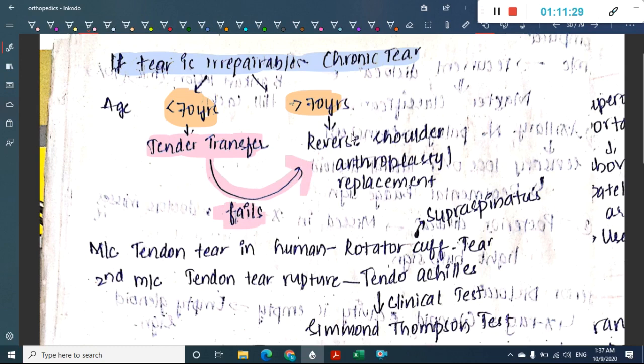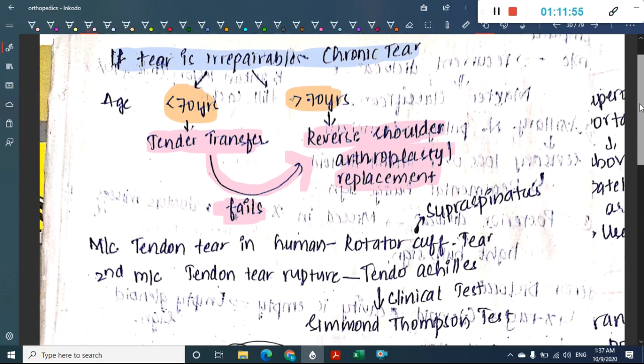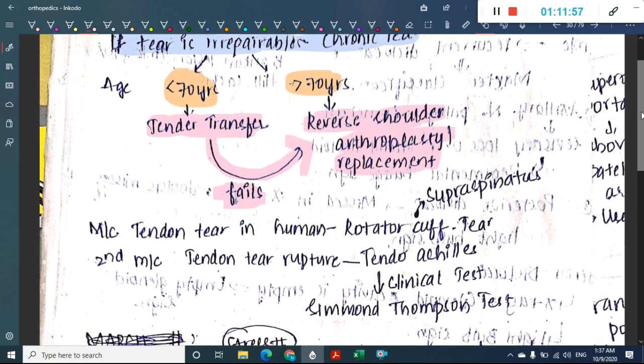If the person is less than 70 years, then you try to do tendon transfer. If this tendon transfer fails, then you do reverse shoulder arthroplasty and replacement. If the person is more than 70 years, then you directly do reverse shoulder arthroplasty and replacement.